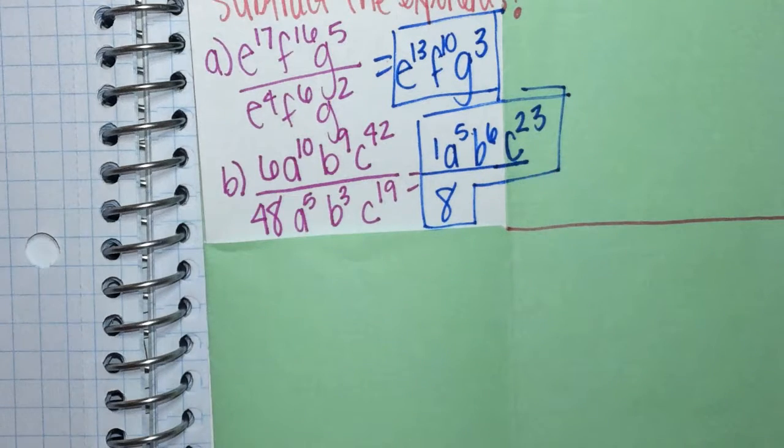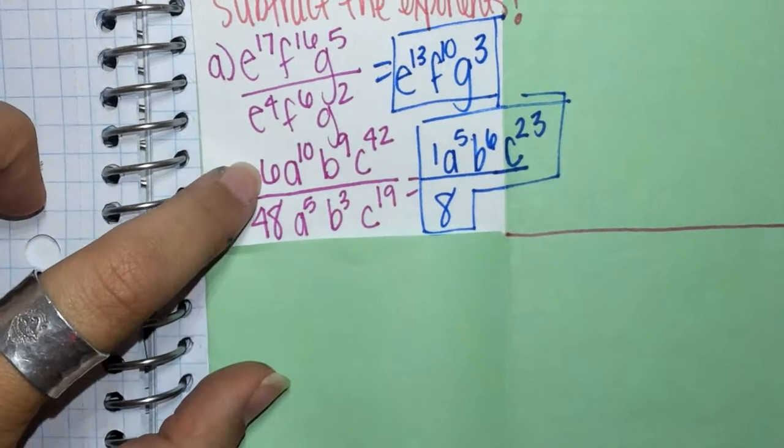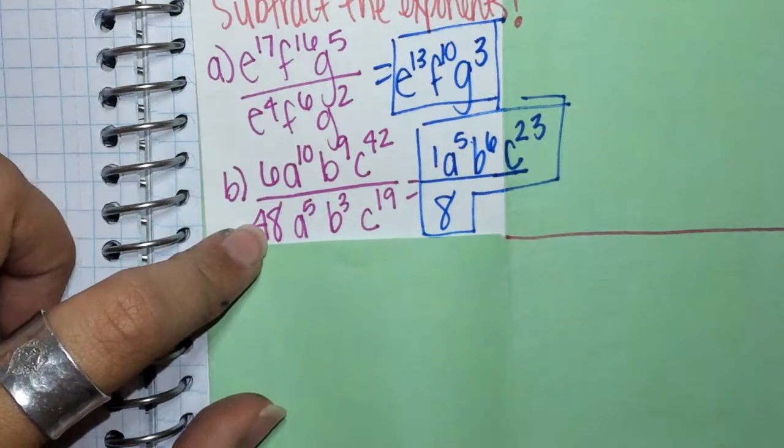Okay, hold up. Question. Where did we get the 8 on the bottom from? Because it's 6 divided by 48. It's 6 cheeseburgers and 48 people, right?